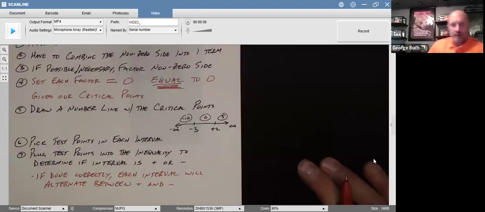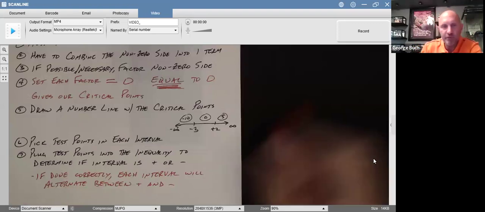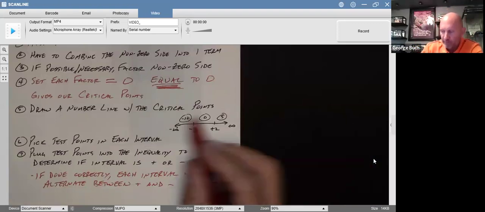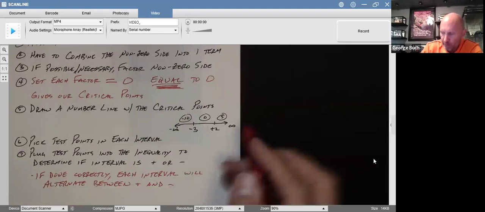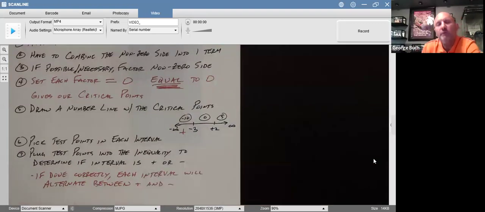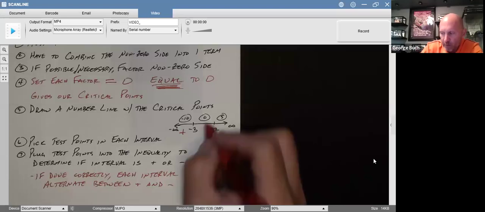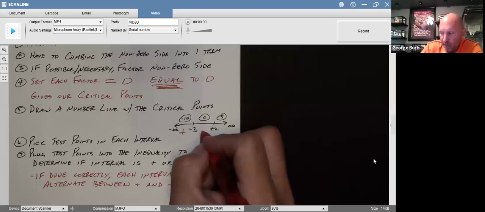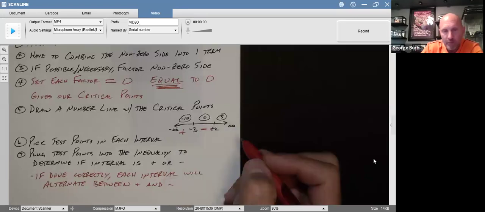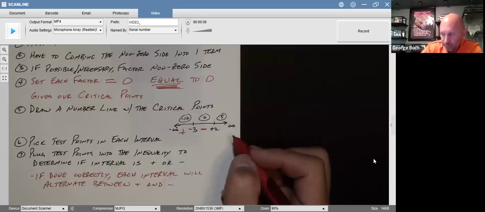Okay. So let's say I put in -10. I simplified the inequality and I found, okay, this is a positive number. I don't even care what the number is. I just want to know, is it positive or negative? And then I plug in 0 and I find out this is a negative number. Don't care what the negative number is, just that it's negative.